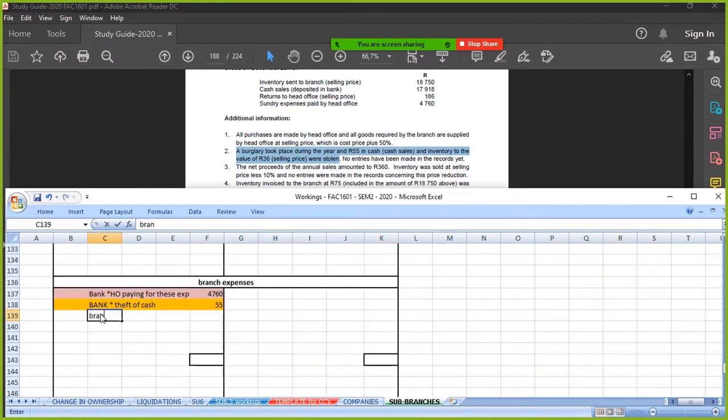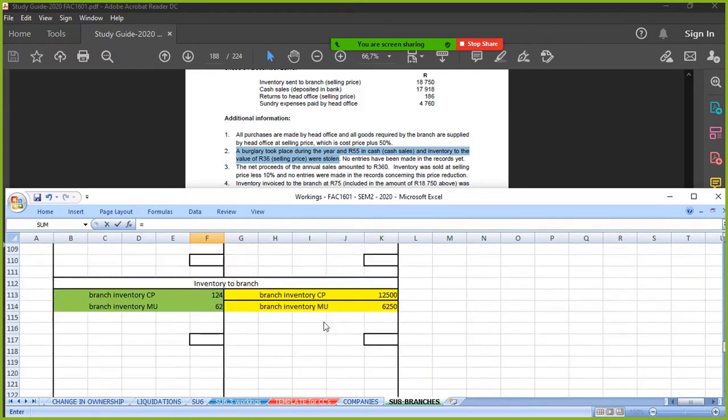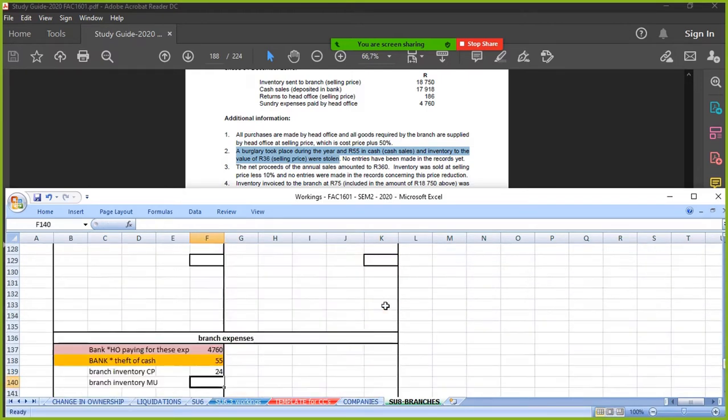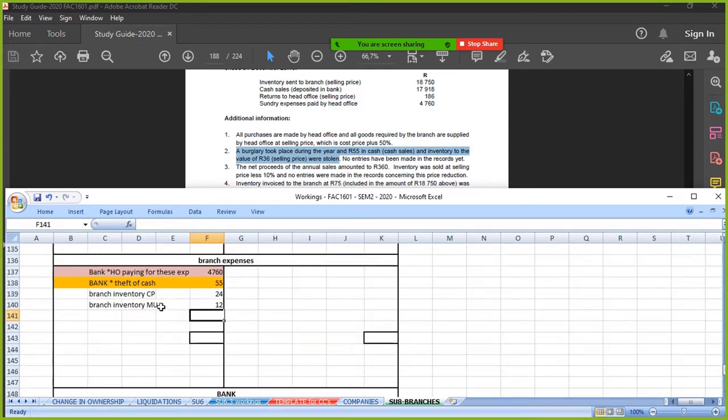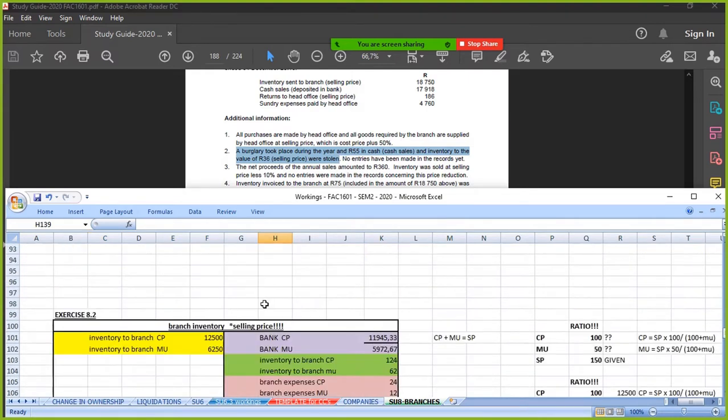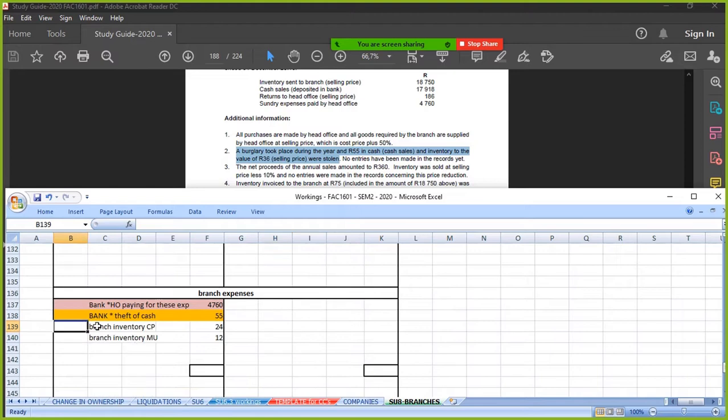So branch inventory, this is the cash, the costs and the markup. Every debit has to have a credit. There's my debit. There's my credit. I've got both. Perfect. Now I've covered everything. What color was that? That was pink.